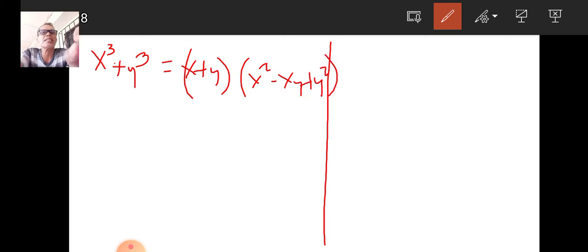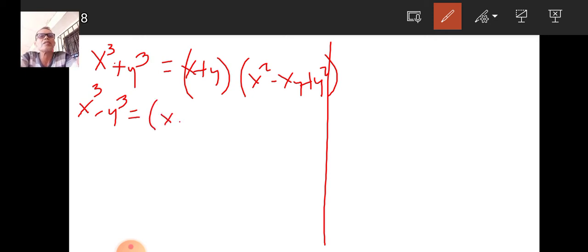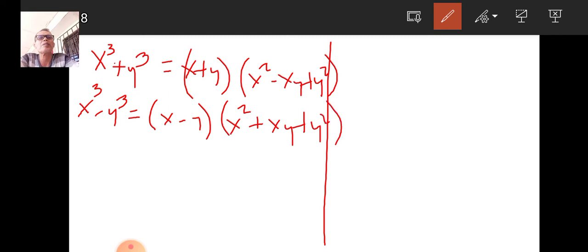And the difference of two cubes has the formula x cubed minus y cubed must be equal to the quantity x minus y times x squared plus xy plus y squared.